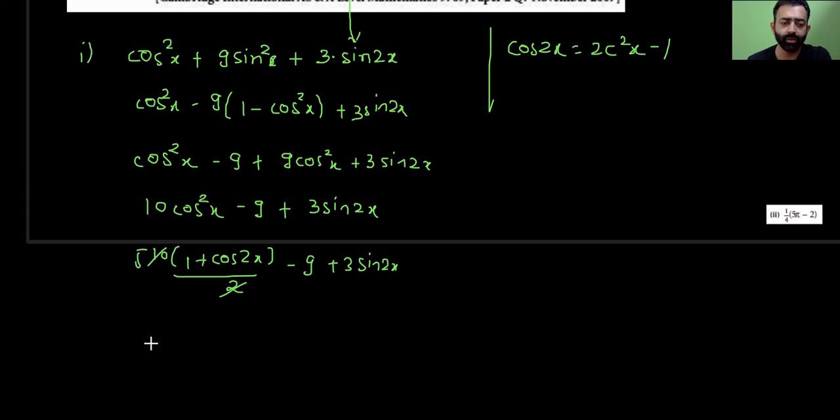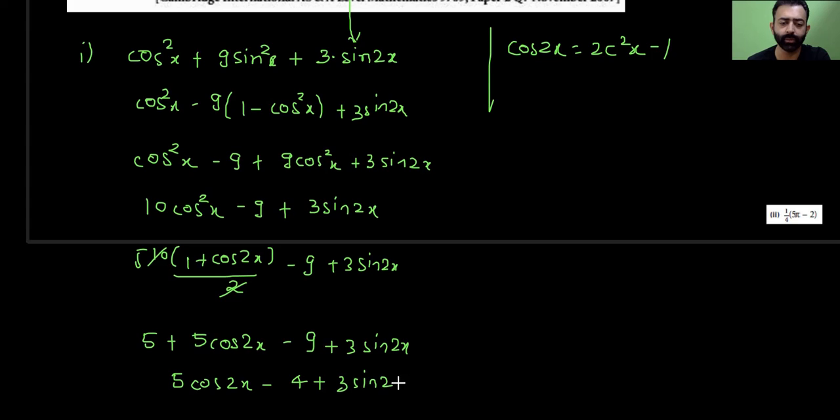This is 5, so 5 plus 5 times cos 2x minus 9 plus 3 sin 2x. Okay, that means 5 cos 2x minus 4 plus 3 times sin 2x.